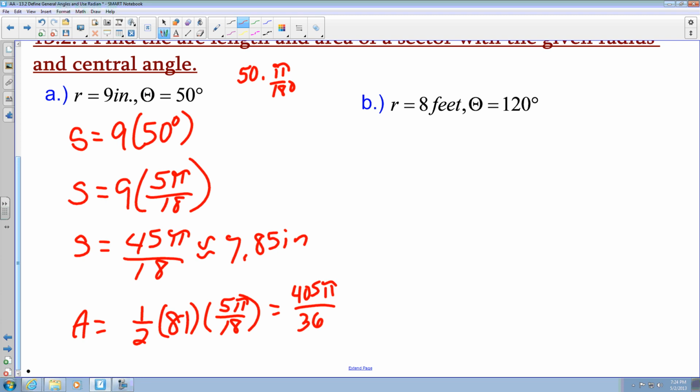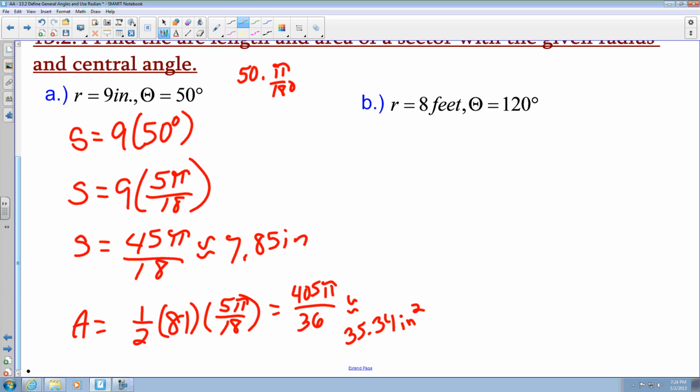That's about 11.25, multiplied by pi, so I get roughly 35.34. And that would be square inches.